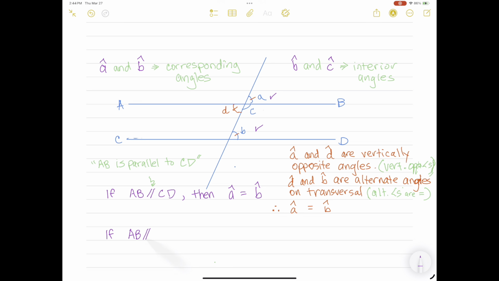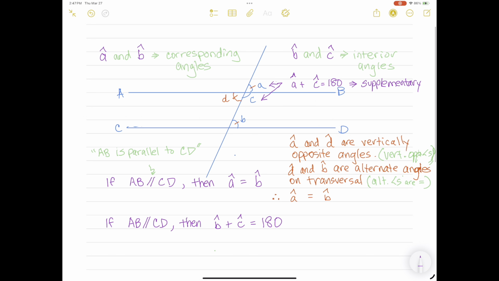Furthermore, if AB is parallel to CD, then angle B and angle C, the interior angles, add up to 180 degrees. That is, they are supplementary. Now, why is that the case? From this figure, we can see that angle A and angle C are adjacent angles on a straight line.